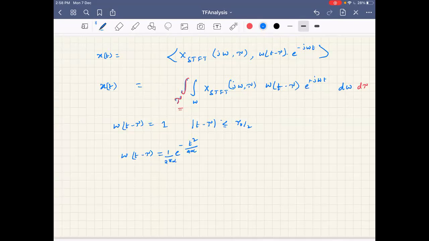When I define it with omega t equal to 1, I can write it just as a function of t. This looks like a Gaussian function, and hence it is referred to as Gaussian window.